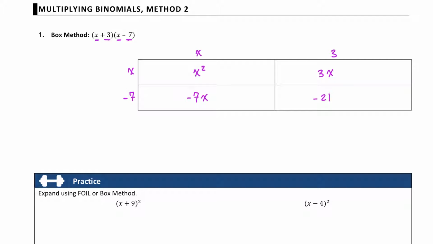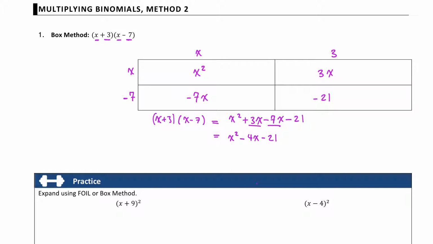So then you will get x plus 3 times x minus 7 is equal to x squared plus 3x minus 7x minus 21. And then you have to see if you can simplify it, and you can because you have 3x and negative 7x, and you will get x squared minus 4x minus 21.